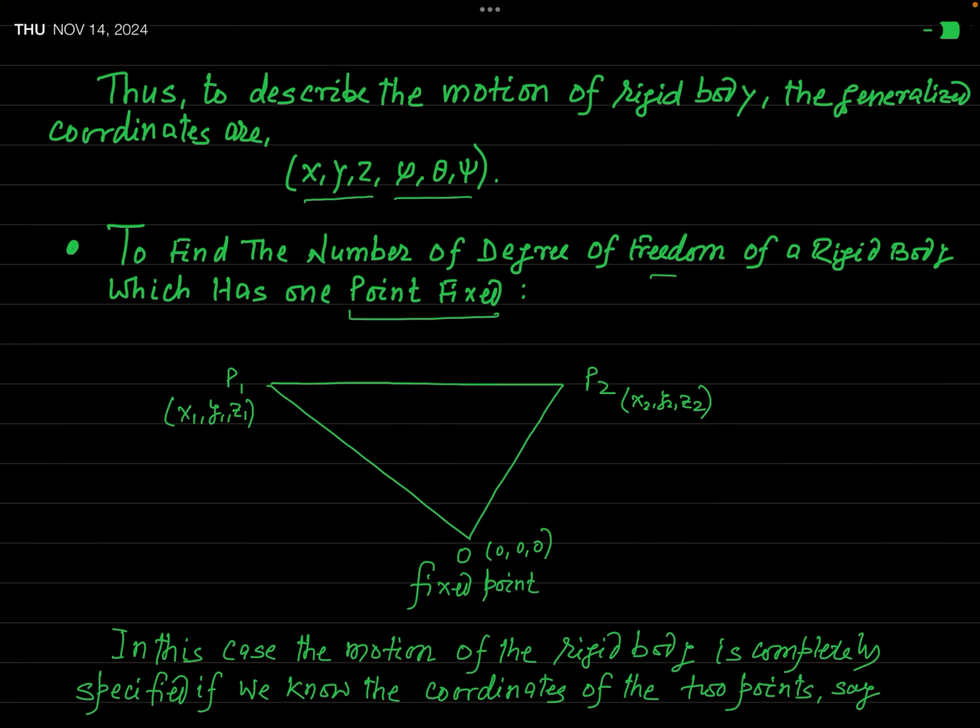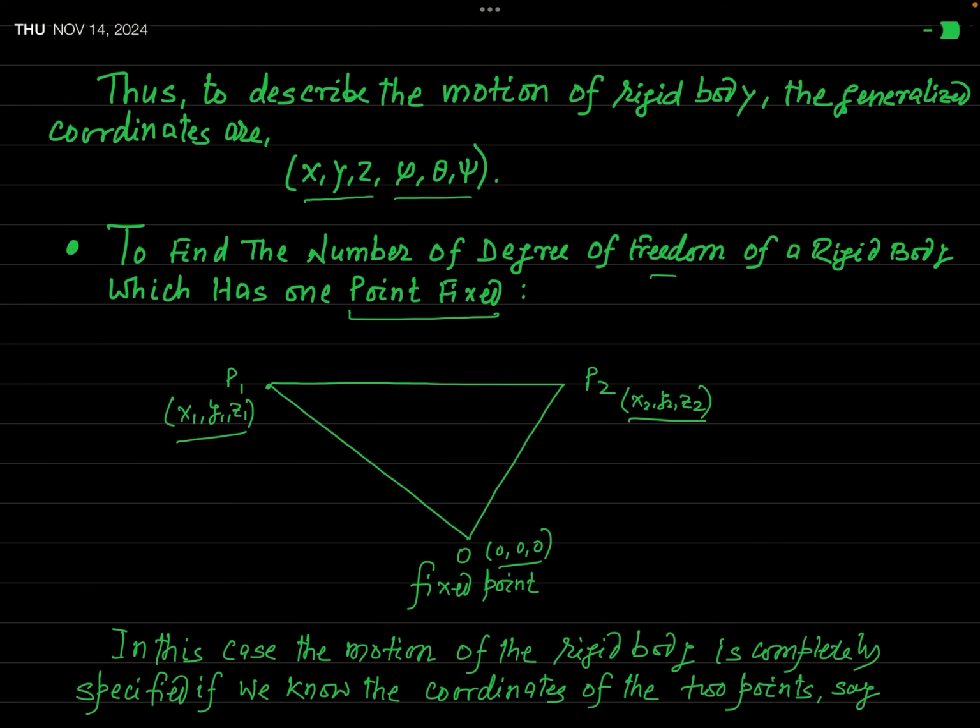Okay. Actually, in this case, the motion of the rigid body is completely specified if we know the coordinates of 2 points. Let us say first point is P1 and another is P2, whose coordinates are x1, y1, z1 and x2, y2, z2. Okay. And the body is fixed at this point O, which is taken as origin.